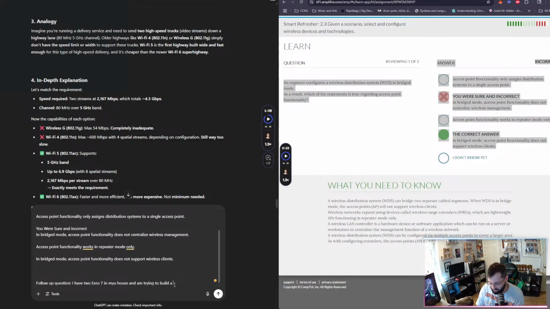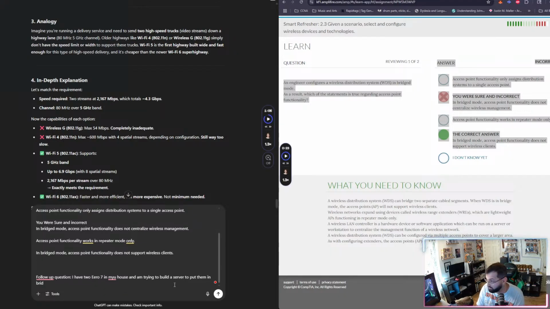I'm going to build a server to put them in, what was it, bridge mode? To put them in bridge mode so that they are acting only as Wi-Fi.